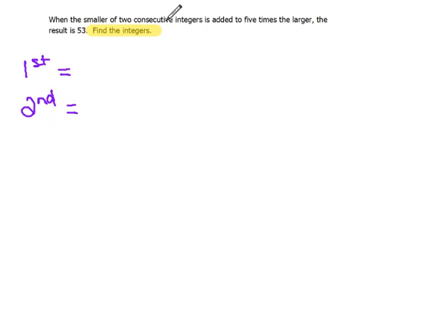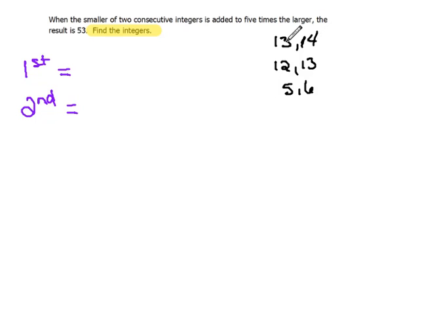Consecutive means that it happens one right after the other. So an example might be 13 and 14, or maybe 12 and 13, or maybe 5 and 6, where we start off with one number and then we go to the next one.